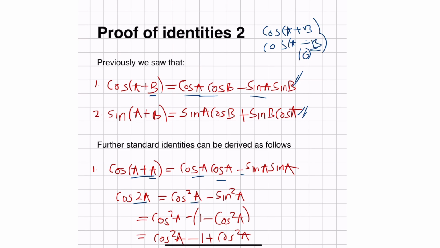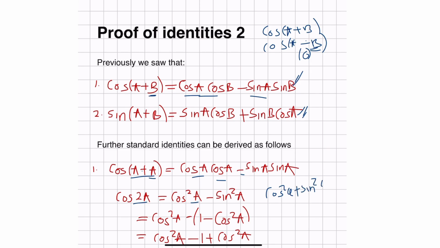If we now decide to remove sine squared of A, so that we can be left with cos only, we are going to apply one of the standard identities that we found earlier on, which was cos squared theta plus sine squared theta equal to 1.